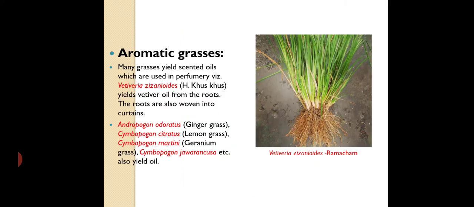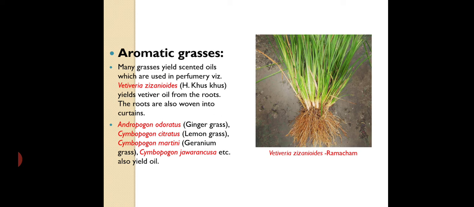And some aromatic grasses are there. For example, Vetiveria zizanioides, that is ramacham. Then Cymbopogon flexuosus, that is ginger grass, Cymbopogon citratus, that is lemongrass, Cymbopogon martini, that is geranium grass, Cymbopogon javanensis, etc. are there.